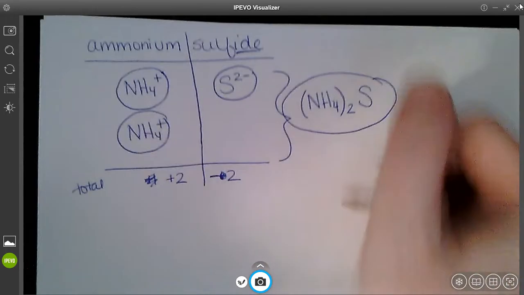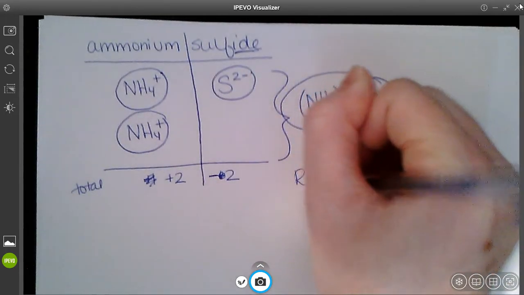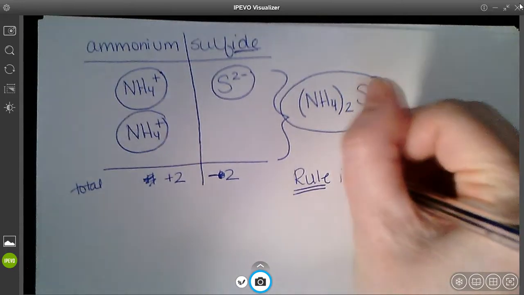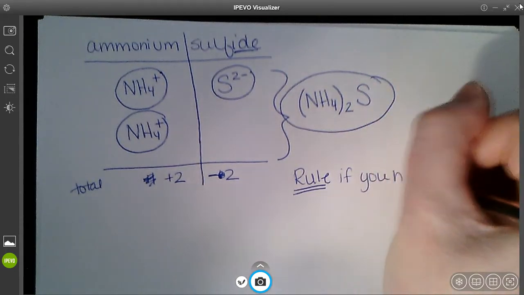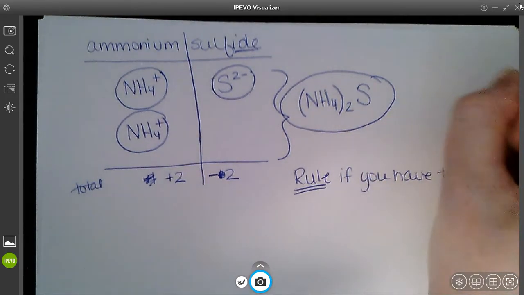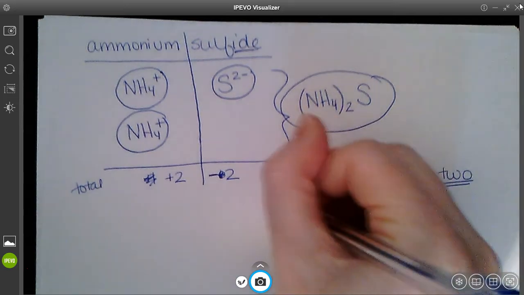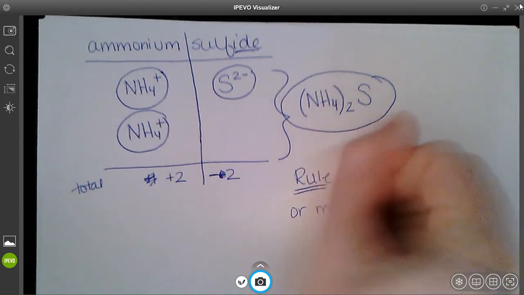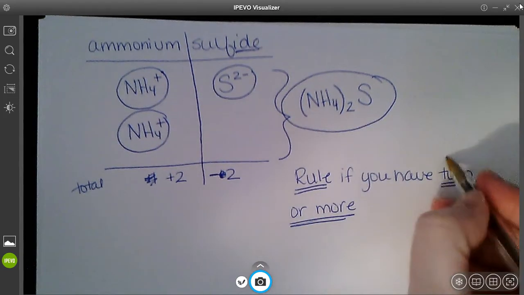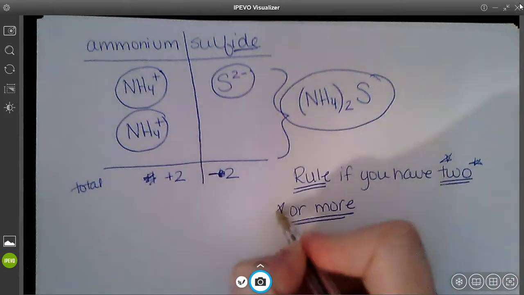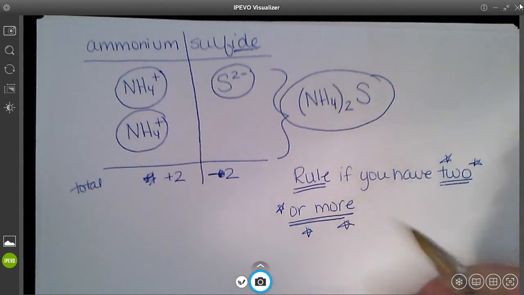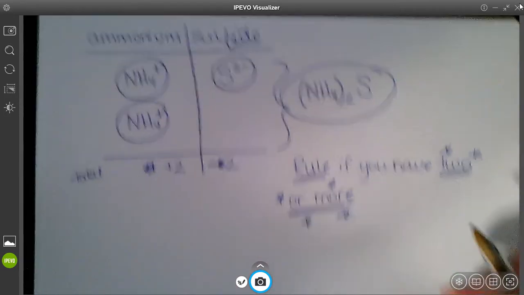All right, so here is a rule. If you have 2 or more, this only happens if you have 2 or more. So maybe draw some stars around that. This won't happen if you have 1. 2, 3, 4, 5, a million.